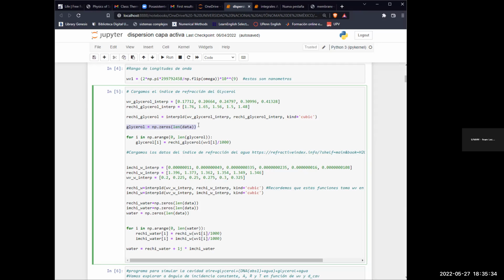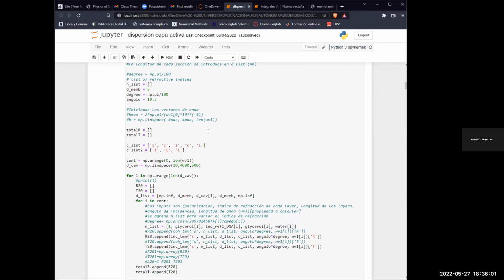Try to find a better way to simulate the membrane. But maybe for the membrane it would be the hydrocarbon tail, no? So maybe oil. Didn't we try that? Didn't you try that? Oil? I don't, but I can try it. Okay.